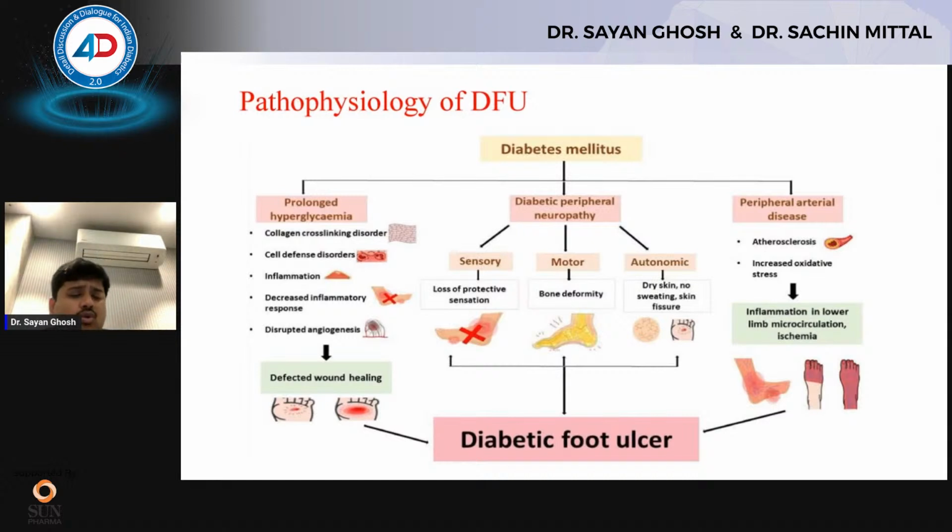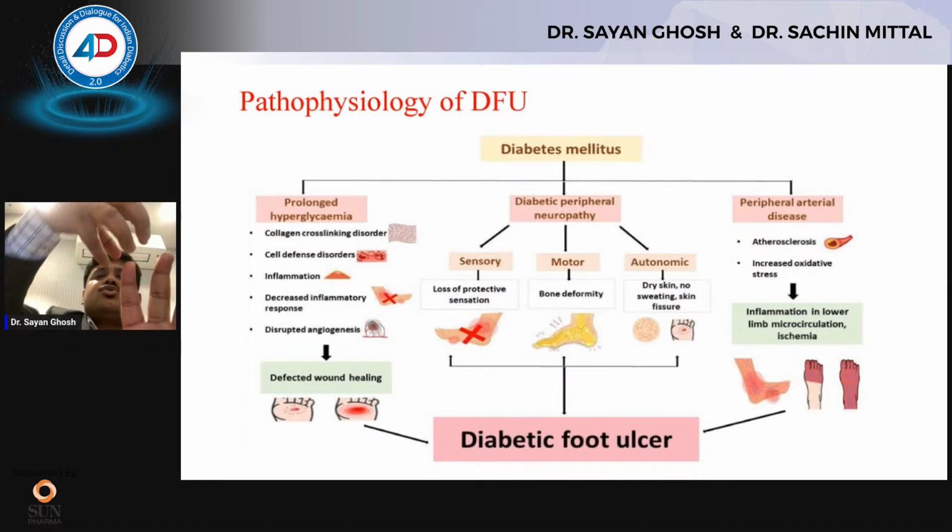Now, how does a diabetic foot ulcer form? I have already told you there are 3 major factors. Number 1, deformity, obviously. Number 2 is diabetic peripheral neuropathy. Number 3 is peripheral arterial disease. On top of that, if the blood sugar level is controlled and the patient has a normal blood glucose level, the risk of ulcer formation will be much less.